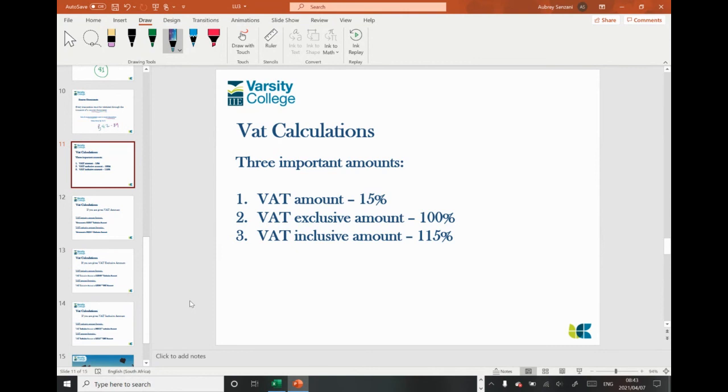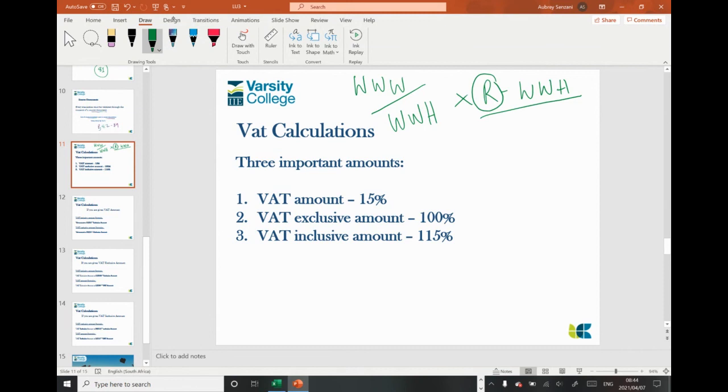Here we are using proportion, and we're using the formula that I taught you in learning unit 2: what we want, divided by what we have, times what we have, the rand amount. That's what this R stands for. It's not divided by anything.